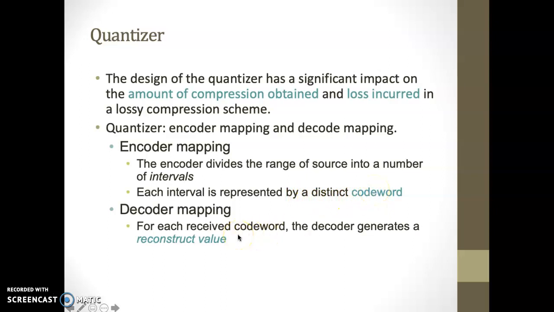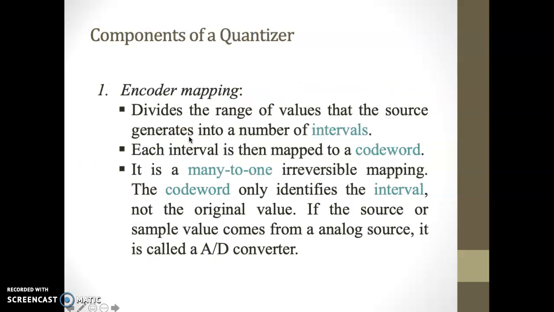Once you encode, then you decode. The decoder does the vice versa step. For each received code word, the decoder will generate a reconstructed value. Once you encode, you get the code word, and once you decode, this code word will reconstruct what is in the original.